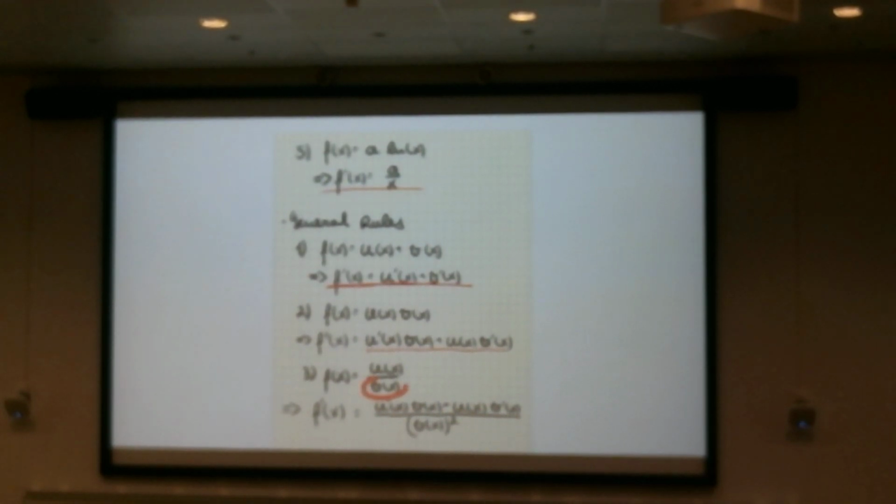The denominator part is very easy because you just square the denominator and you forget about it. But in the numerator, you have to repeat what you have in the product rule, but instead of plus, you do minus. So you need to pay attention here. It's the same as the product rule in the numerator, but you need to put the minus sign. Attention.